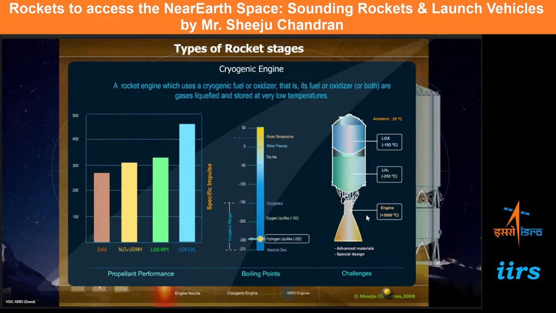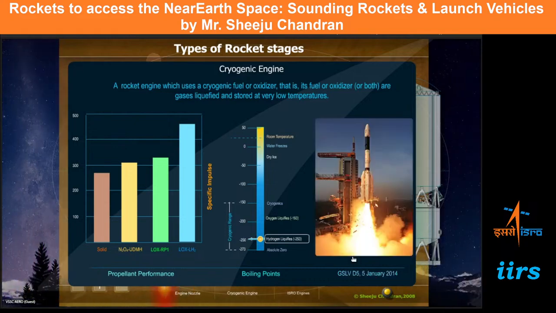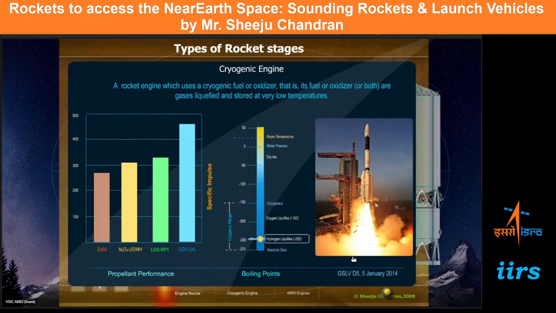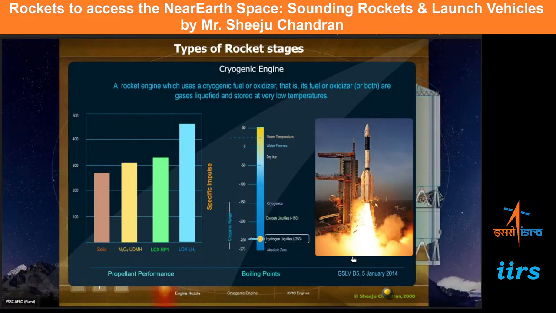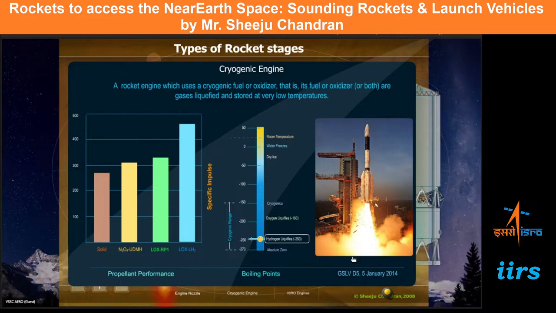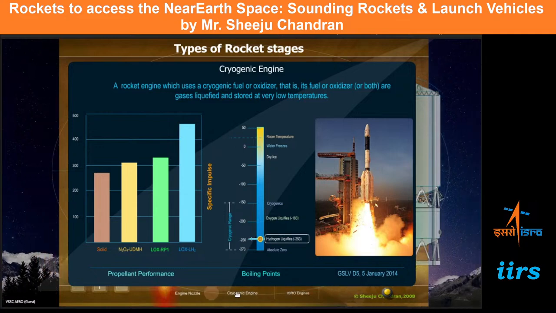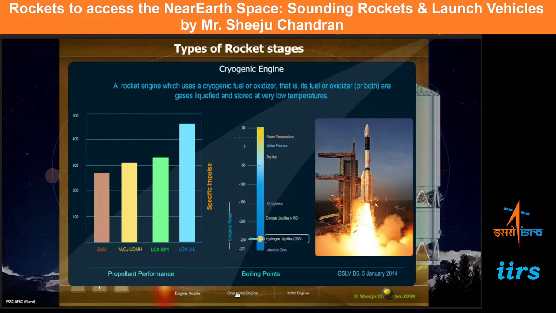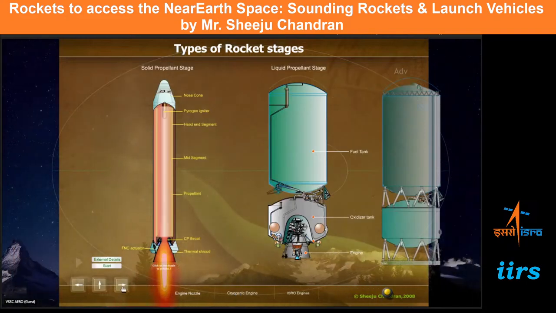So everything you have to manage perfectly. You have to have advanced material, special design and everything. Such engines we are using for our GSLV vehicle, and even our LVM3 vehicle. In fact, the vehicle which sent our Chandrayaan to the moon, the LVM3 vehicle, also uses a cryogenic engine. So these are some additional info associated with the modes of propulsion systems.